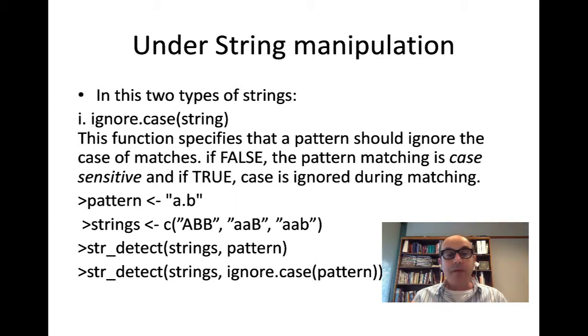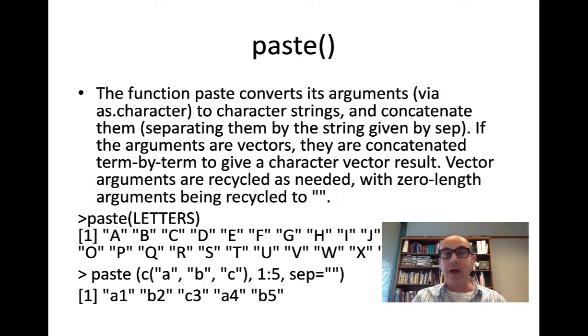In this case, ABB, and I'll do a different abbreviation for that, and then I'll see if there is a string and a pattern that can be analyzed in order for you to find the idea of it. Paste is another function that converts its arguments via as.character to character strings.